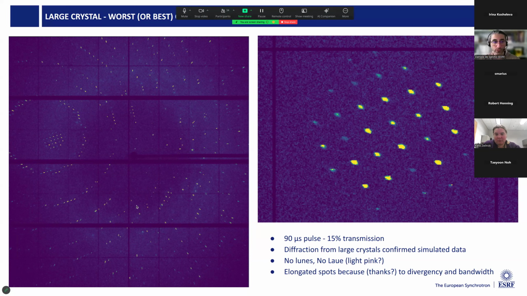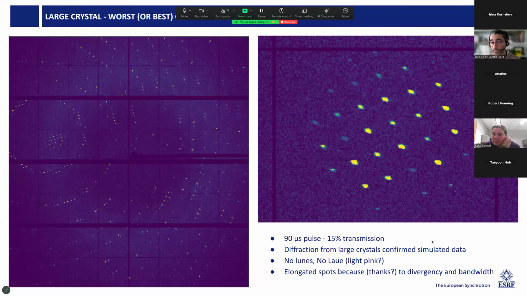In this case, we took a very large crystal in order to be able to see all the spots. As you can see, the spots are a bit streaky. This is, I believe, an effect of the divergence of the beam, because we are focusing down and have quite a strong magnification, and also of the bandwidth.